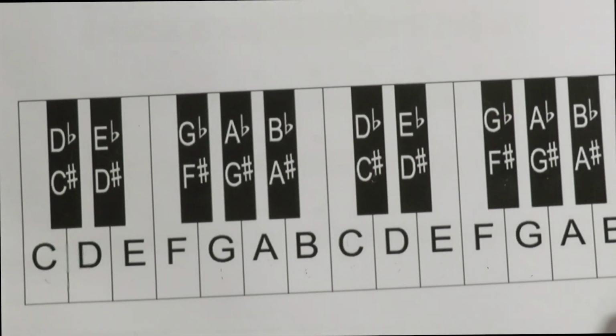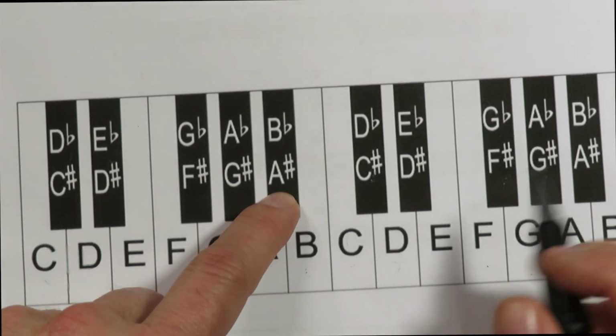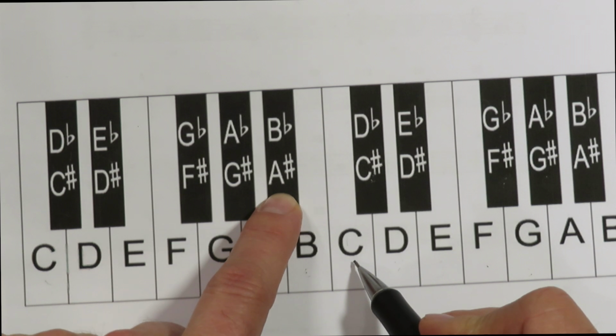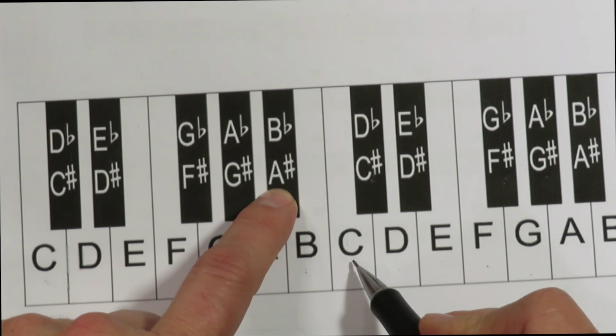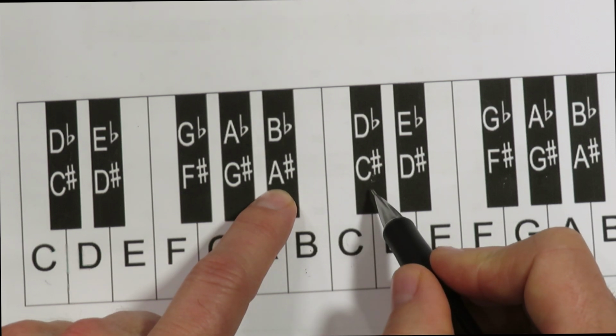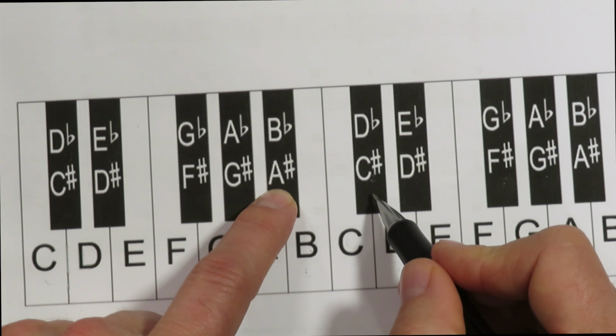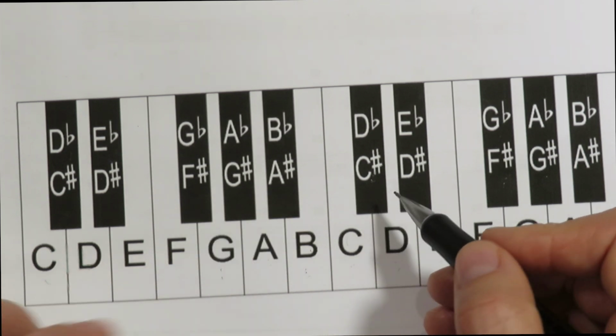Okay, so we have A sharp, C, right? We want a minor third away. So we go 1, 2, C sharp. 3 half steps away is a minor third. So let's put that.